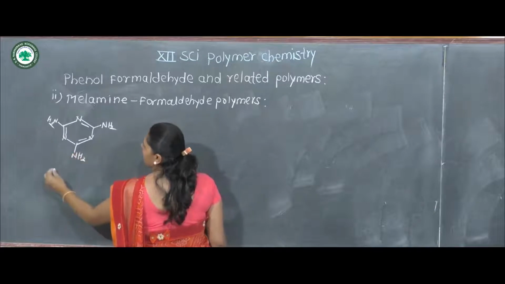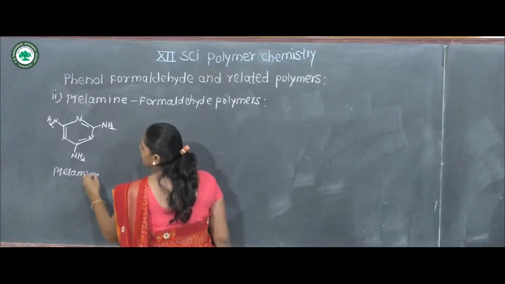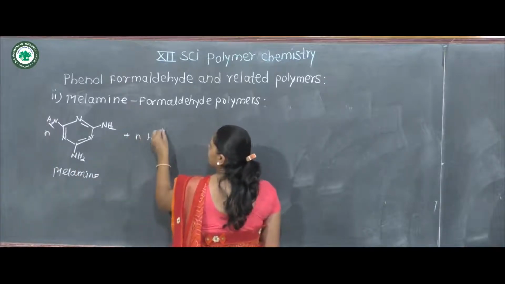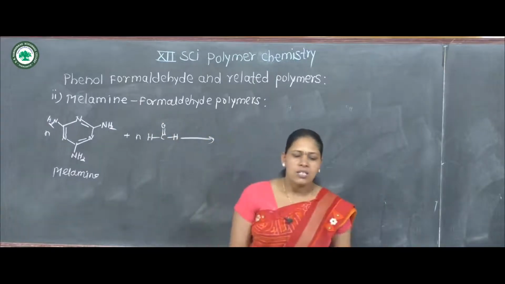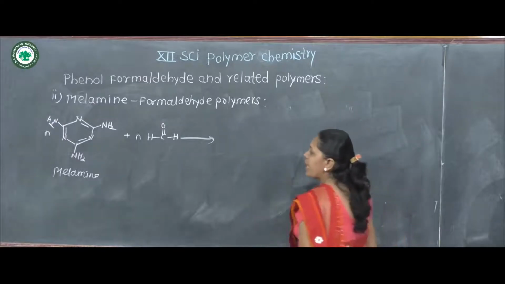This is the structure of melamine. N number of melamine plus N number of formaldehyde undergoes polymerization to form melamine formaldehyde polymer.